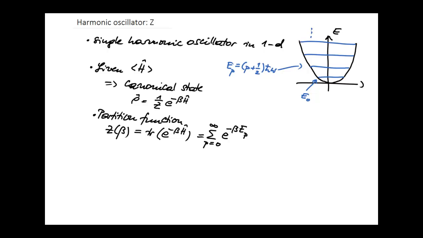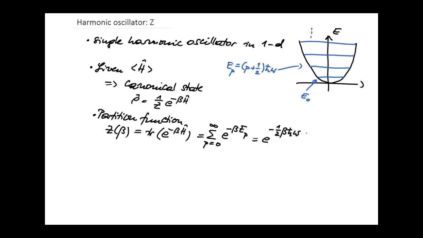We can factor out the 1/2 h bar omega. So we can factor out an exponential e to the minus 1/2 beta h bar omega.